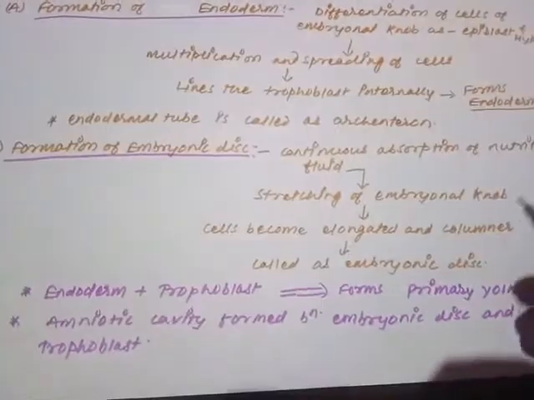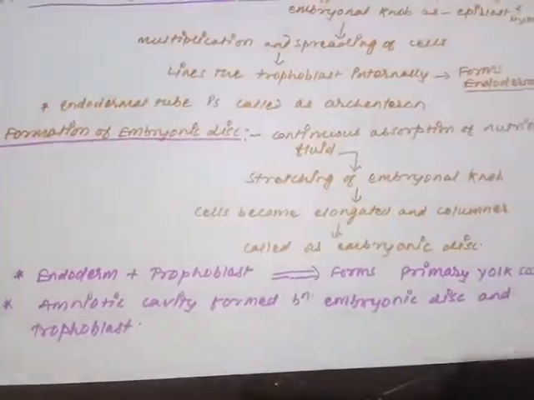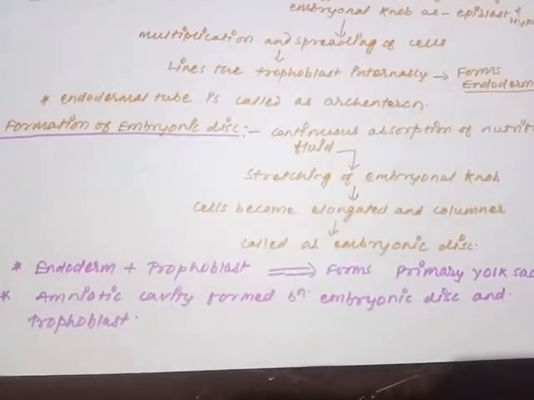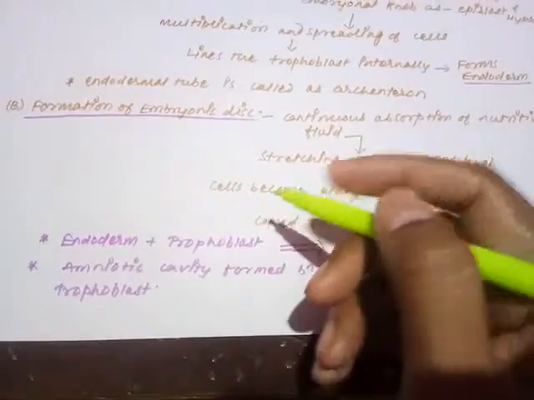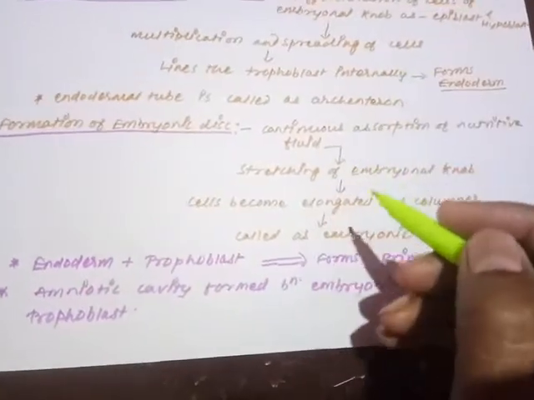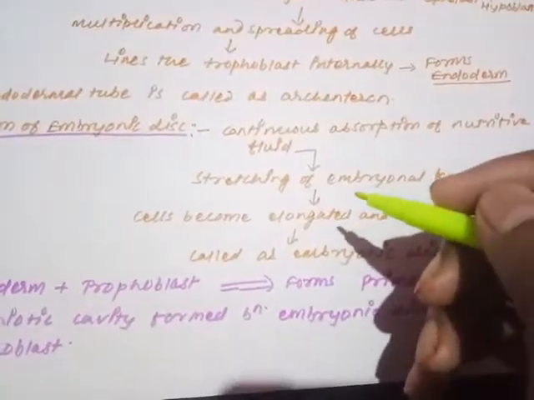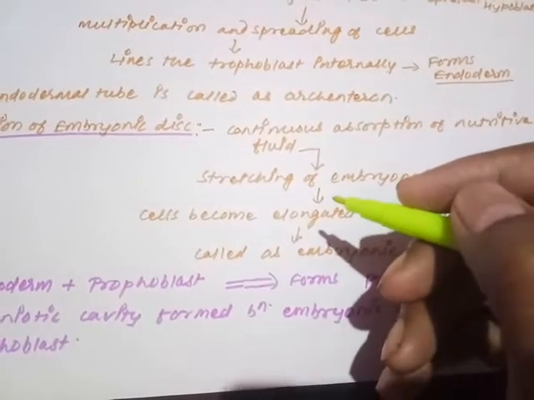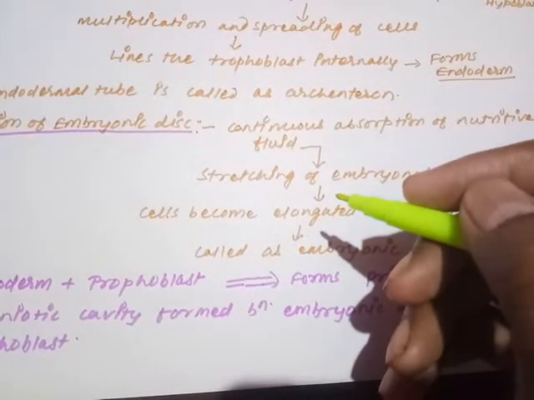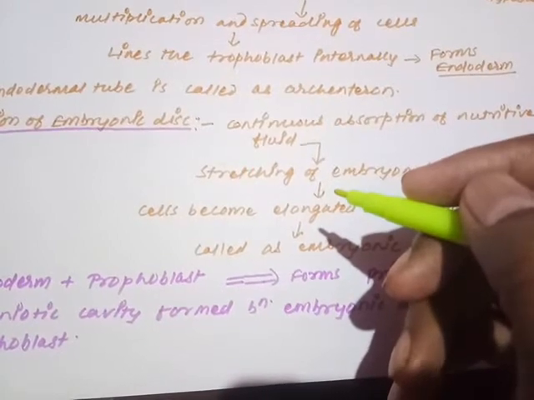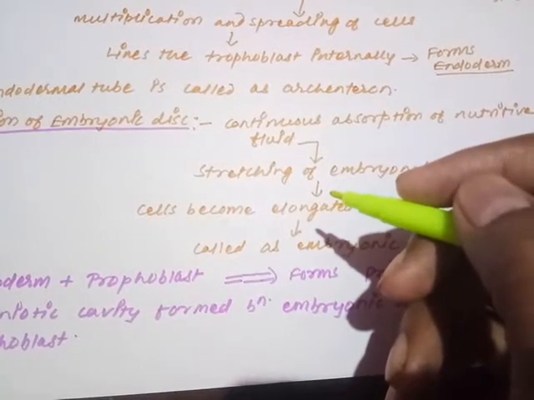What is the process of formation of the embryonic disc? The next structure is the embryonic disc. How is the embryonic disc being formed? One important event is the formation of the embryonic disc. What happens? Due to the continuous absorption of the nutritive fluid from the uterine endometrium, the epiblast cells are getting stretched again and again. Due to the stretching, the cells are getting elongated.